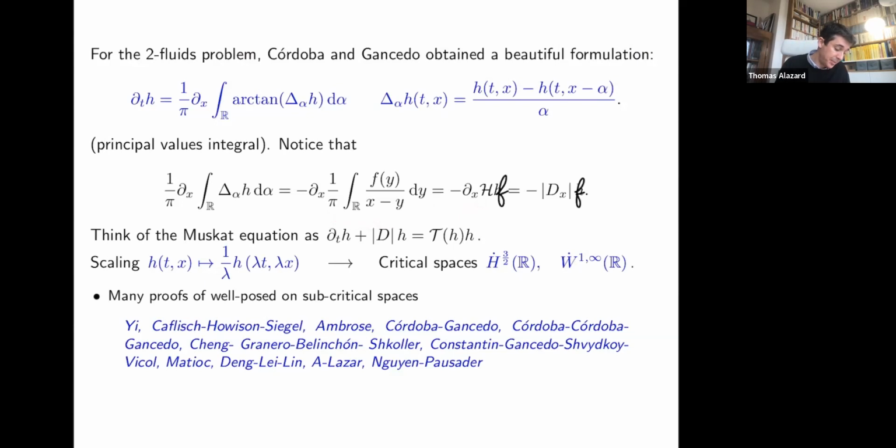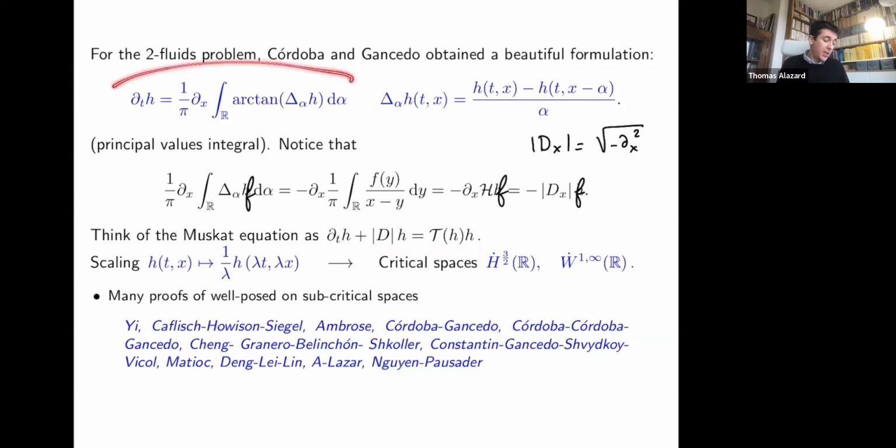which is modulus of dx of f, where modulus of dx is equal to the square root of minus Laplacian, which is in dimension 1 the square root of minus dx squared. So we can think of the Muskat equation as an equation of that form, dt h plus modulus of dx h is equal to some nonlinearity.